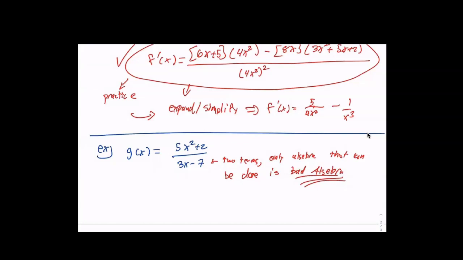I mean that if you try to simplify this and you try to go like, oh, I'm going to take 5x squared and divide it by 3x, and I'm going to divide the 2 by negative 7, that's bad algebra. And it's incorrect algebra. You're changing the problem. You cannot do anything to this problem. You must use the quotient rule.